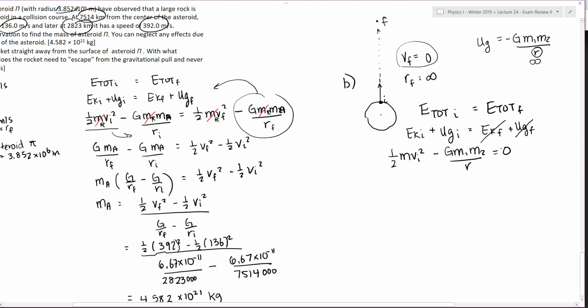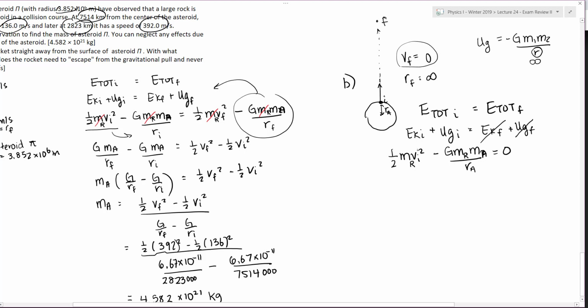So what are these masses? One of these masses is the mass of the rocket that you're trying to get to escape. The other one is the mass of the asteroid. And r is the initial r, the distance between the center of the asteroid and the center of the rocket, which would just be the radius of the asteroid. So I'll just call it RA.